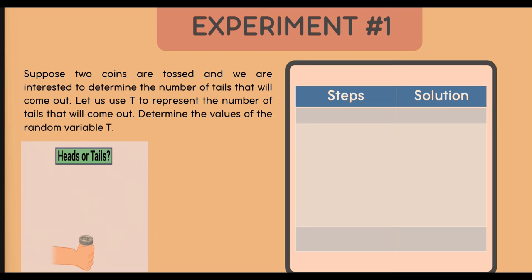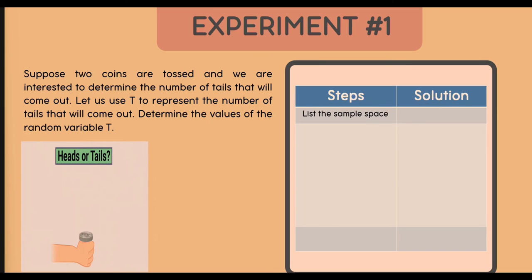Now, how do we determine the value of a random variable t? First, we list the sample space, or the possible outcomes of tossing two coins. As I said earlier, the sample space can contain a letter or a combination of letters and numbers.